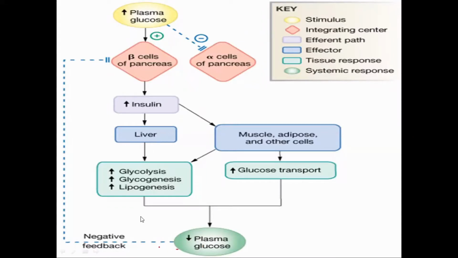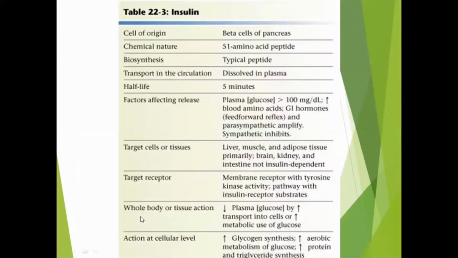And when this plasma glucose concentration level is maintained, then there is feedback to beta cells, and now the beta cells will know that this concentration is now maintained, so no further increase is needed. It will keep on secreting insulin at normal rate, but increased secretion and synthesis is stopped. Okay, so this is how the level is maintained.